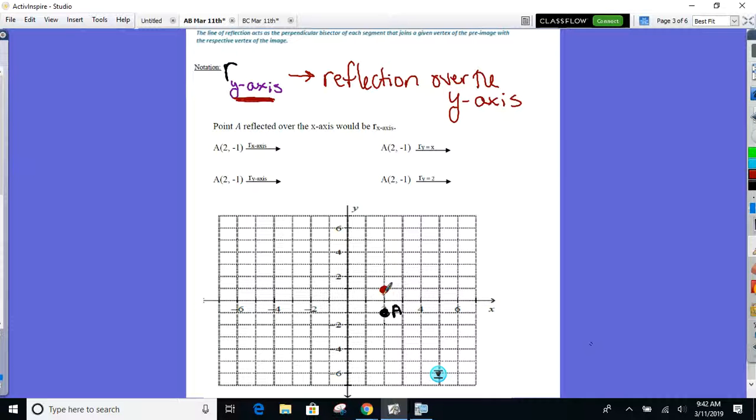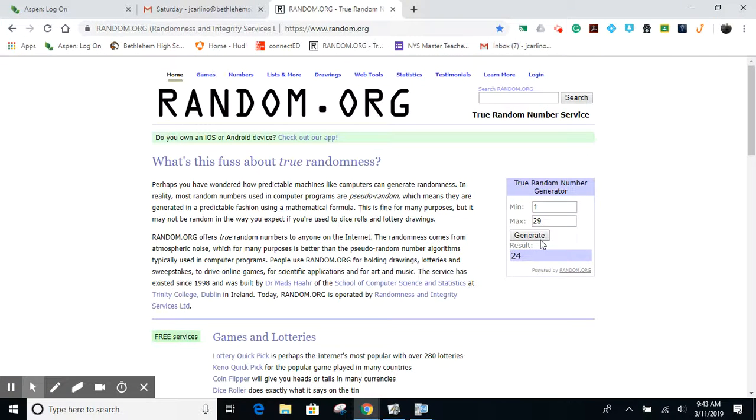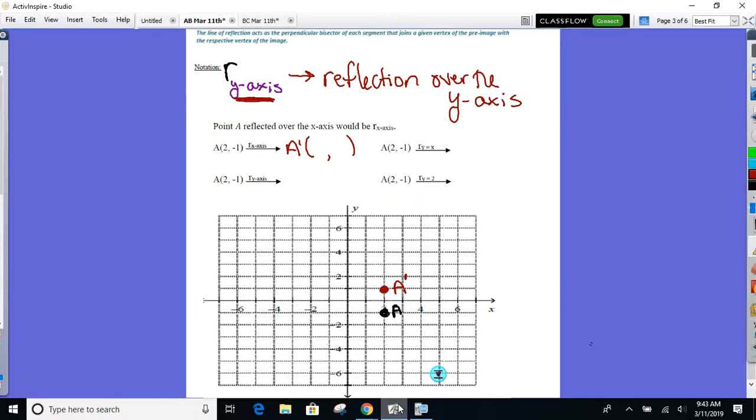I don't want to call this point A because I already have a point A. A prime, yes. A with the prime symbol. Name that point. What is the coordinate of A prime? (2, -1) went to (2, 1).